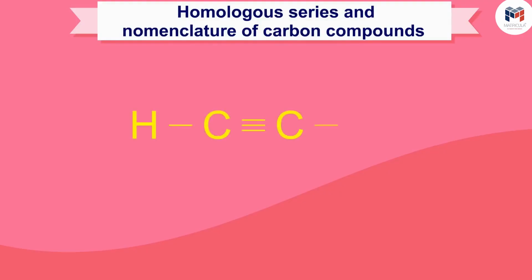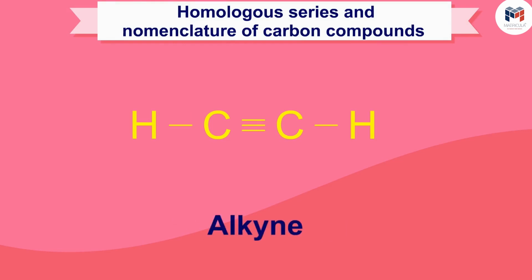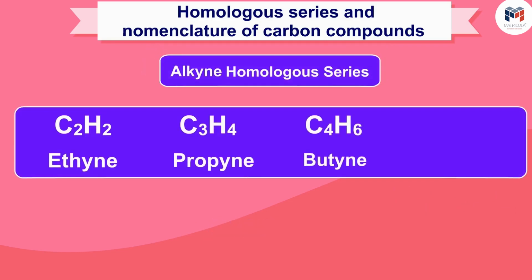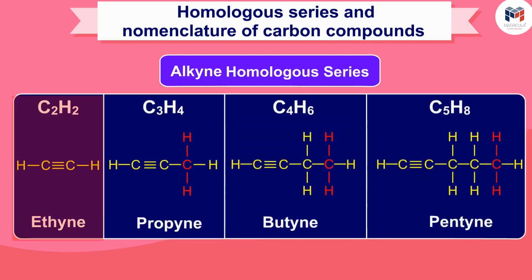Similarly, if the hydrocarbon compound contains a carbon-carbon triple bond, the series will be called alkyne. The name will end with "-yne", and the same important thing is that there will be a difference of CH2 unit in moving from one unit to another.